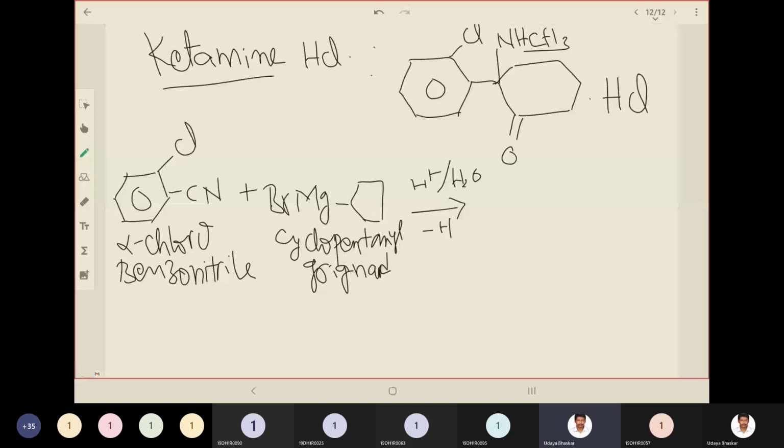What happens? Grignard comes and attaches to alpha chlorobenzonitrile. The nitrile is converted into a carbonyl group, and this is a cyclopentyl from Grignard. To this, we'll add bromine. What happens if we add bromine? Bromine comes and gets attached to the cyclopentyl ring.